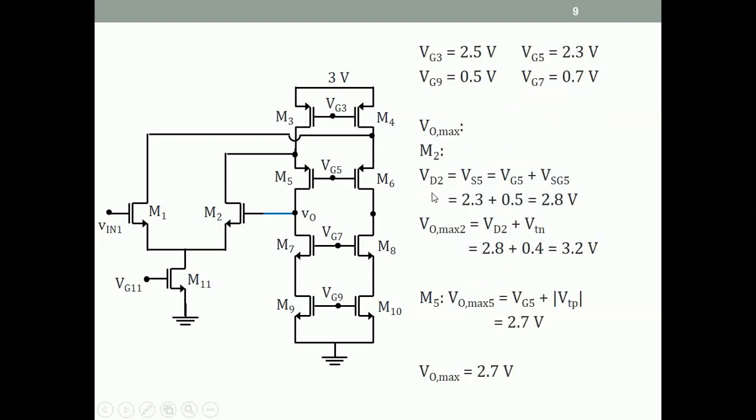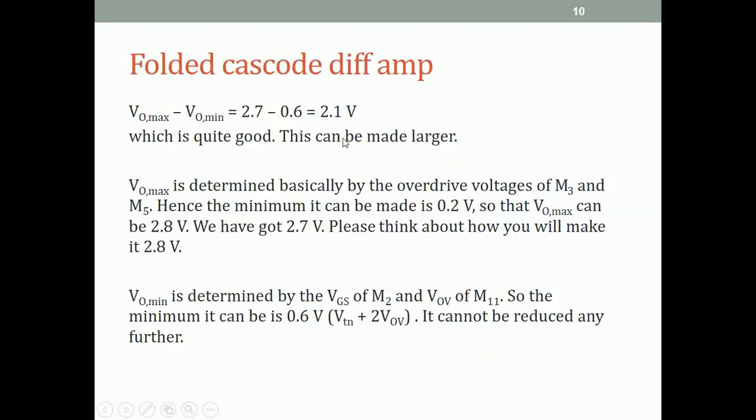This 2.7 was because Vg5 was 2.3. If we make this 2.4, this becomes 2.8 and we increase the range by 0.1 volt. This 0.6 is the bare bottom minimum possible. We cannot reduce it because 0.6 is Vt plus 2 overdrive voltages.